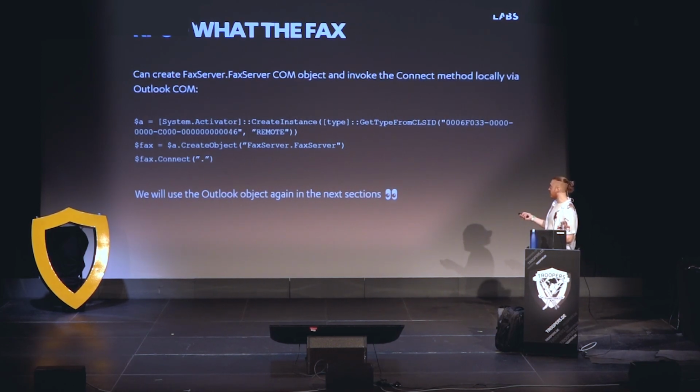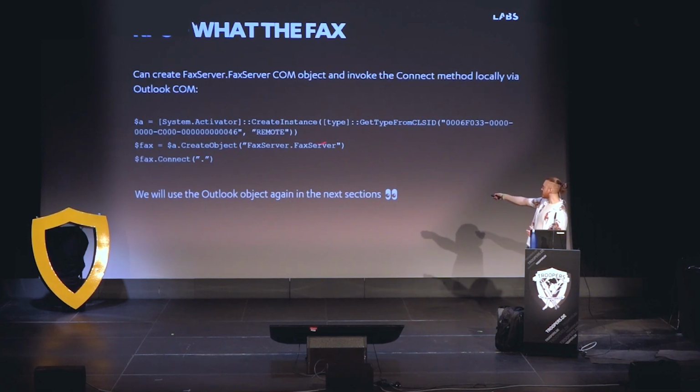One caveat, though, is that you cannot connect directly to the COM interface of fax remotely, right? So you need to find something that would allow you to create COM objects on a remote host that cannot really be invoked remotely. And so Outlook, interestingly, when you install Outlook, it creates a COM server that exposes this CreateObject method here.